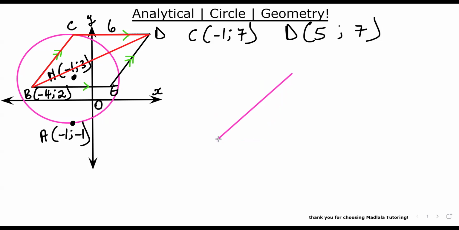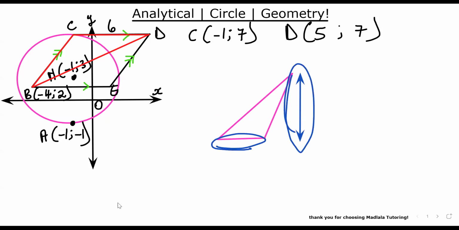Well, let's draw it so that it becomes good looking. How do we find the perpendicular height? Well, this is how we find it. So the base is still this, and the perpendicular height is going to be that.